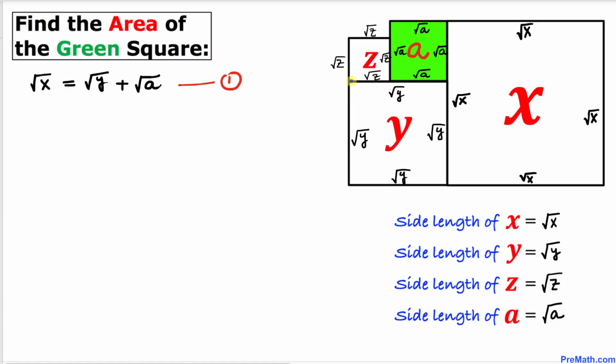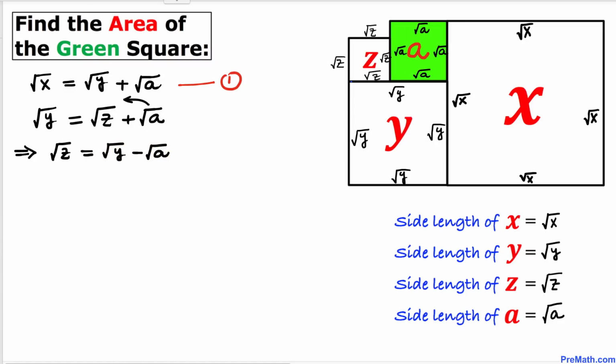And now let's focus on this side length, which is square root of y, and that is equal to the sum of these two individual side lengths, square root of z plus square root of a. So I can write square root of y equal to square root of z plus square root of a. Now let me move this square root of a to the other side, so I can write this equation as square root of z equal to square root of y minus square root of a, and I'm going to call this equation number 2.